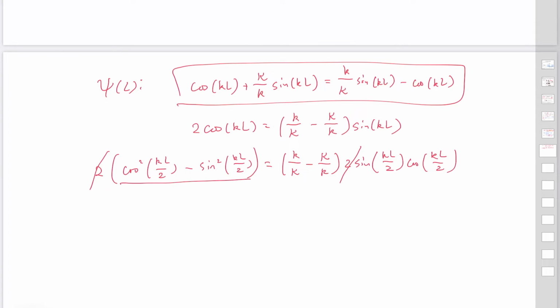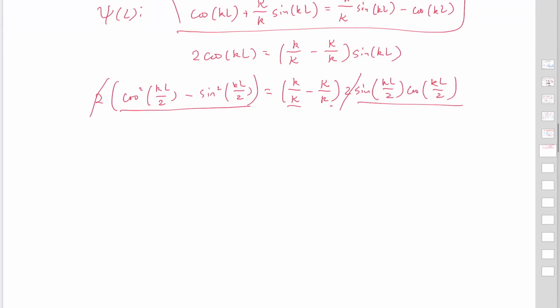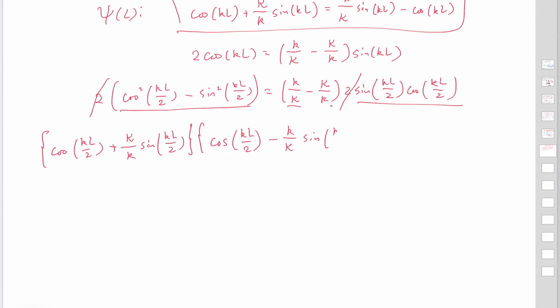So this equation can be expressed as cosine kL over 2 plus kappa over k sine kL over 2, times cosine kL over 2 minus k over kappa sine kL over 2, equals 0. Then we have two choices.